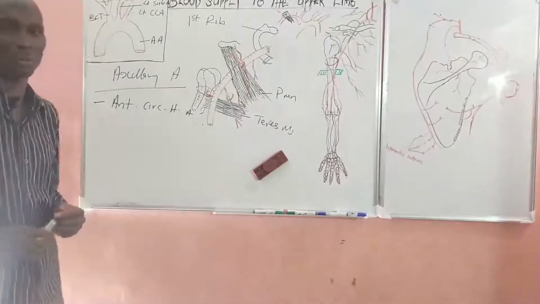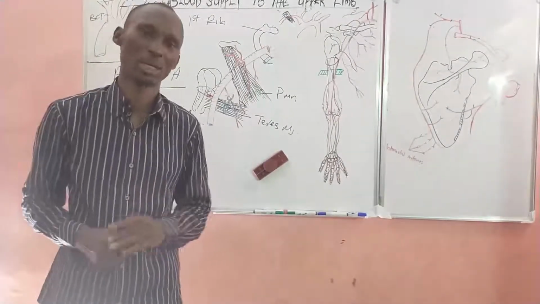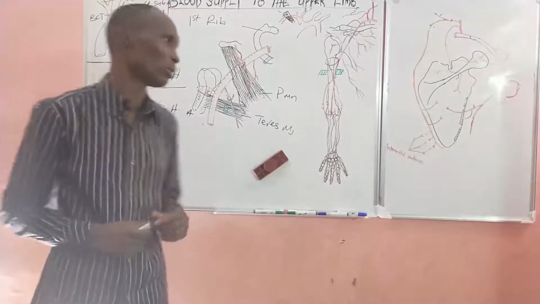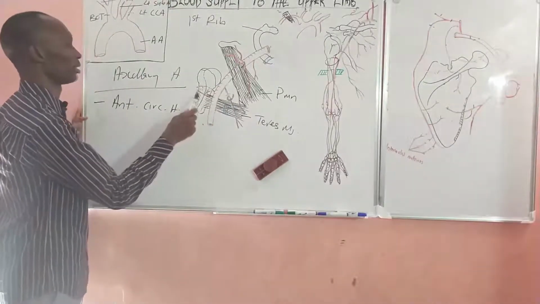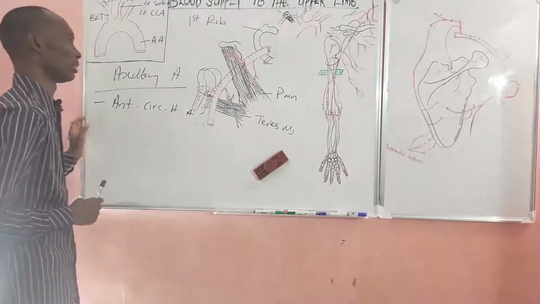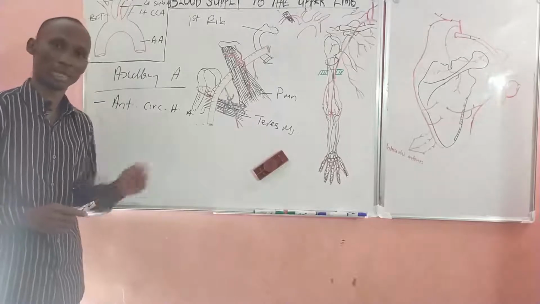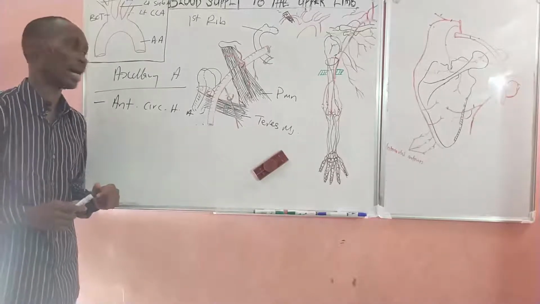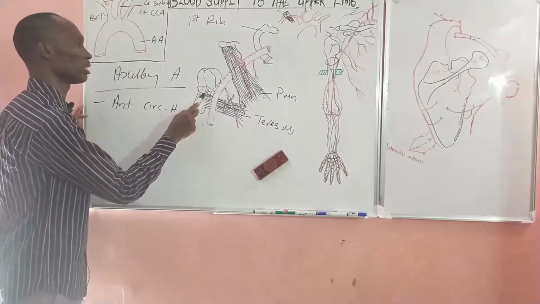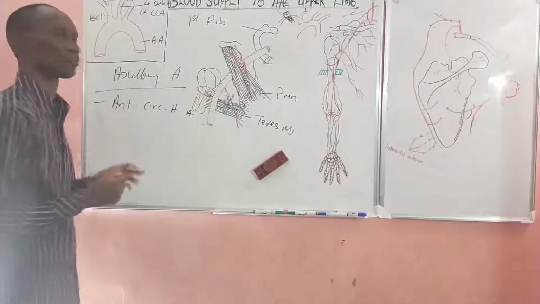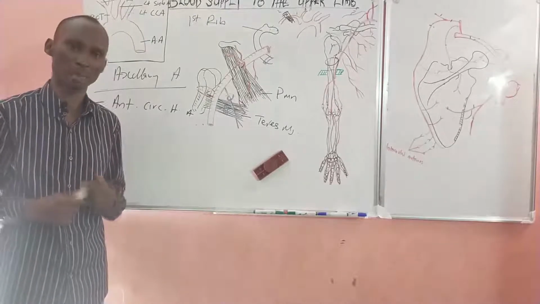The anterior circumflex humeral artery is the smallest of the 3 branches. Now it circles around laterally and anteriorly round the neck of the humerus at the level of the surgical neck, and as it runs across the bicipital sulcus, it gives a branch called the ascending branch of the anterior circumflex humeral artery.